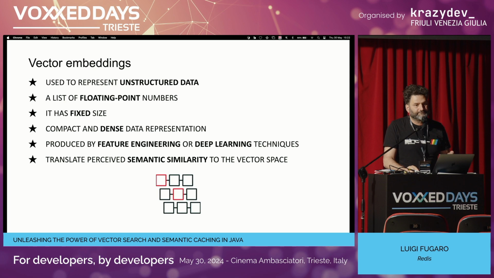And each vector has a fixed size, so it doesn't happen that you have an embedding of, I don't know, 50 elements, then the next one is 100, and then 70. It's always the same size.